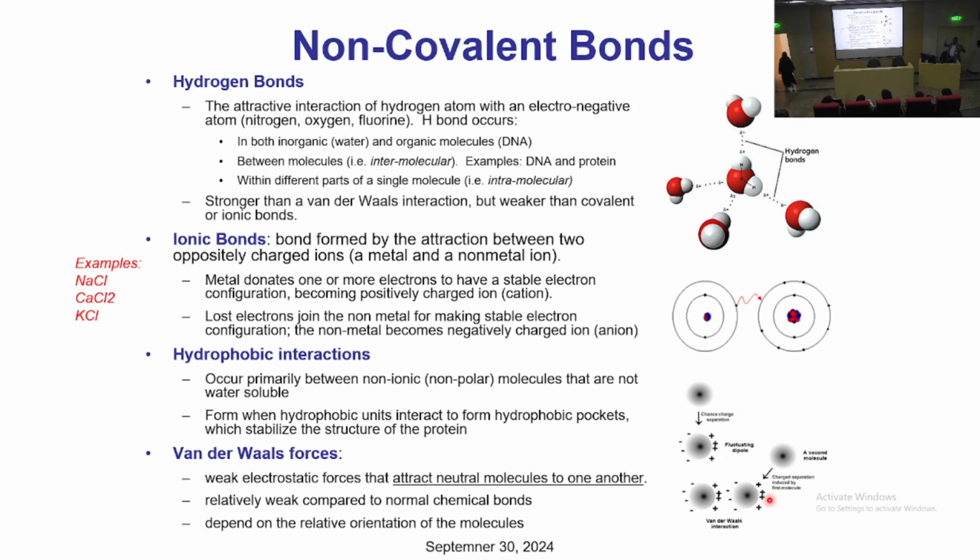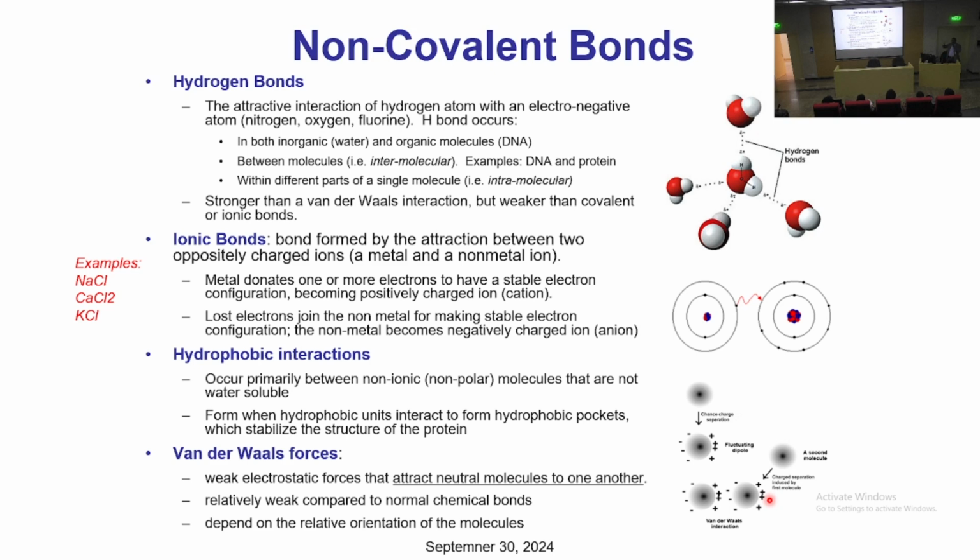So we have covalent bond and non-covalent bond. From the beginning, all molecules try to reach stability. To reach stability, they need to have 8 electrons in the outer shell. So while they are seeking this, they interact with other atoms.